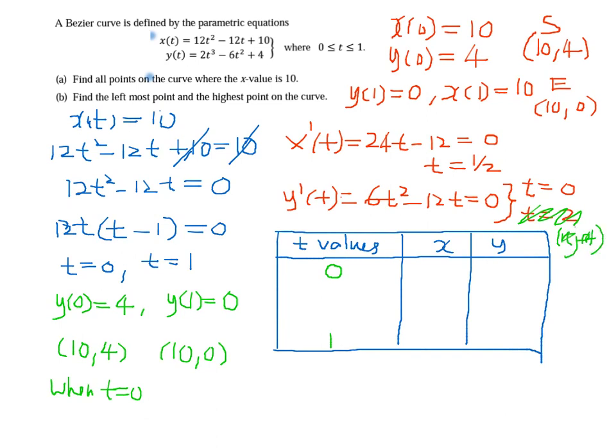So what we're going to do now is calculate all the x and y values. We already know when t equals 0, the point is 10 and 4. When t equals 1, it is 10 and 0. All you need to do is calculate for when t equals a half.